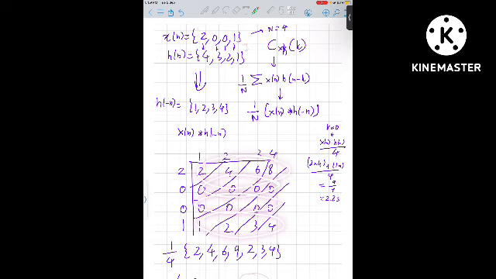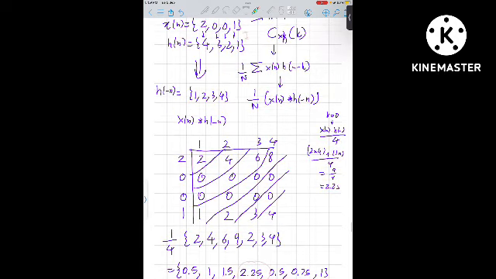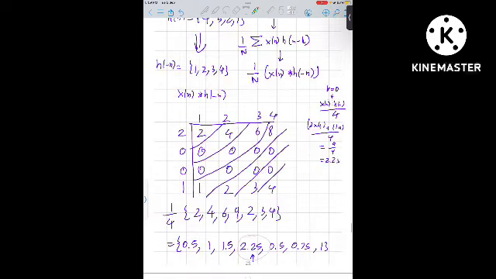So how do we find the 0 point? This is a sequence, but we don't know where the 0 point is. So k equal to 0 means x[n] and h[n] are directly multiplied and divided by 4. So 2 into 4, I am directly multiplying them, plus 1 into 1, divided by 4, that's 9 by 4.